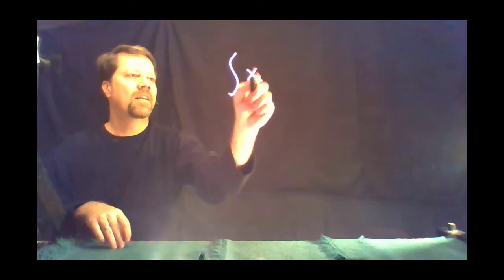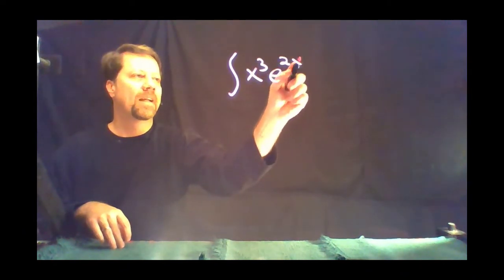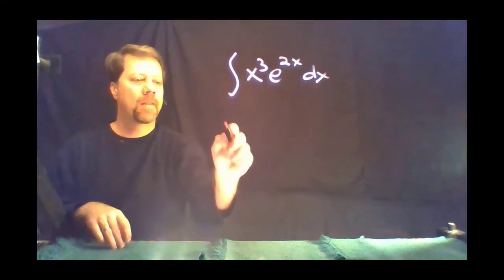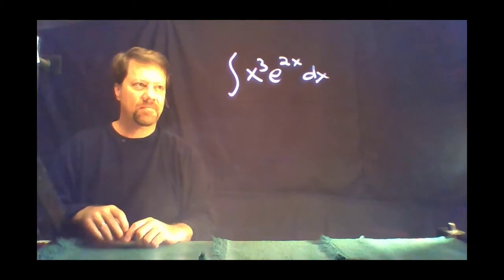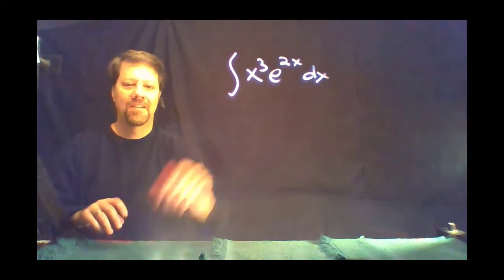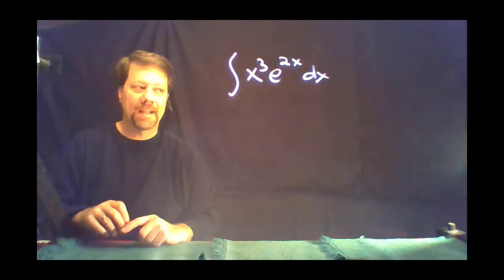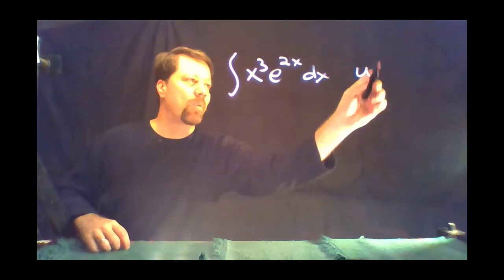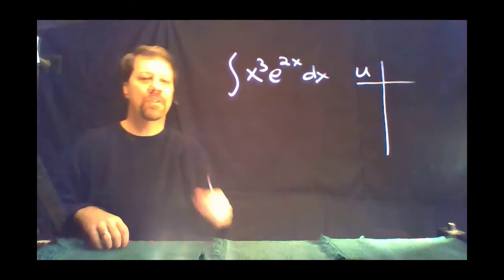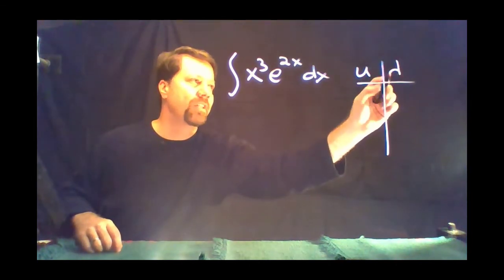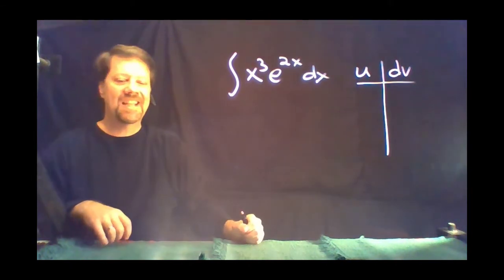So let's see about this integral, x cubed e to the 2x dx. For an integration by parts problem like this, you need to choose a portion u that you're going to differentiate and a portion dv that you're going to integrate.